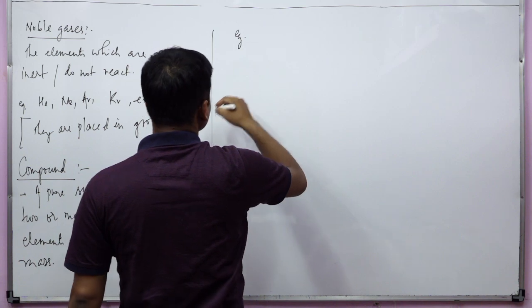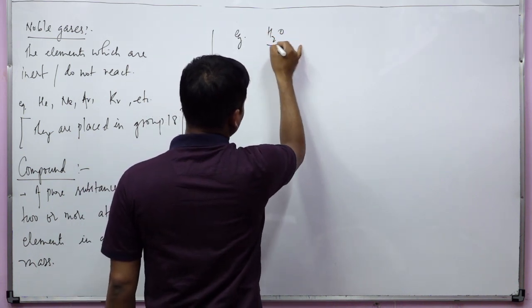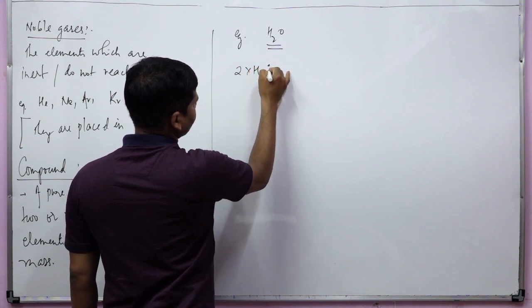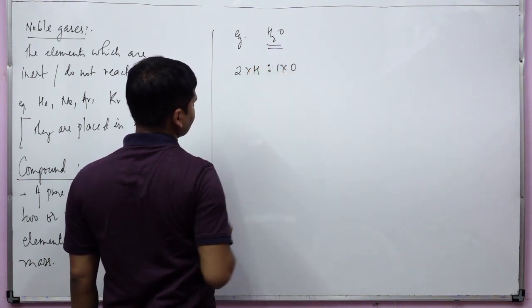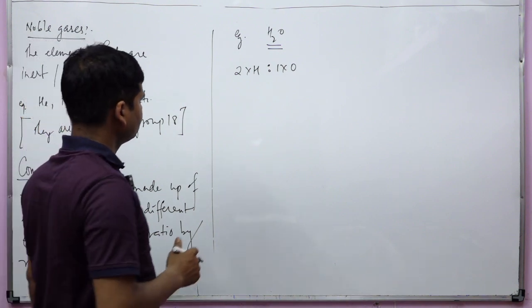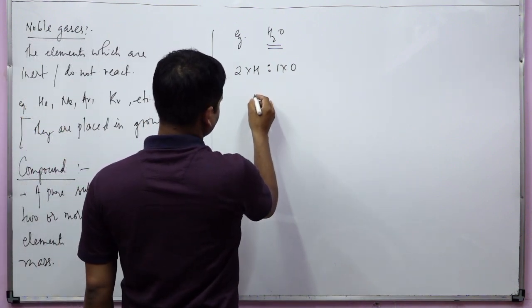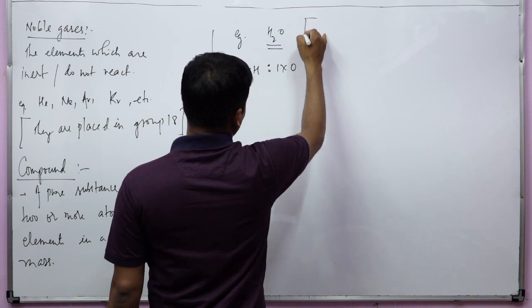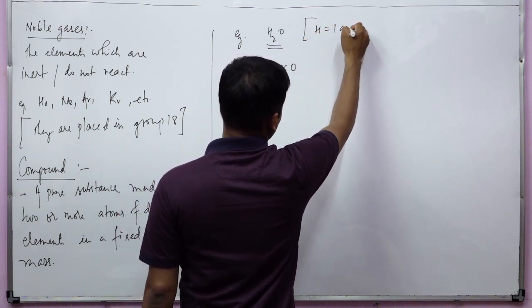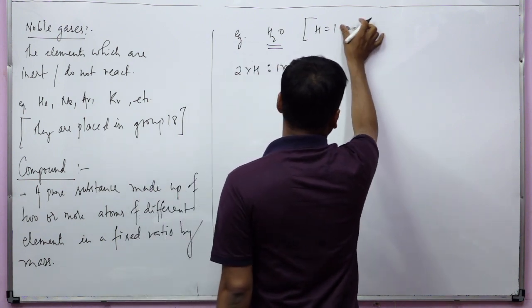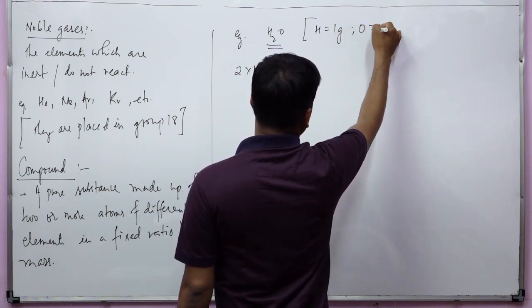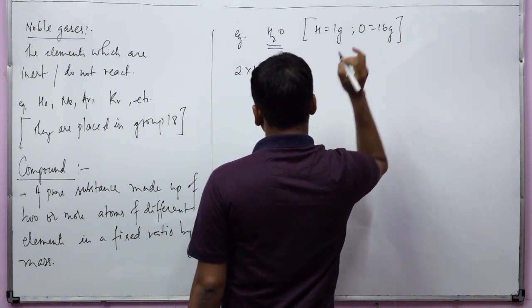For example, if you take the water molecule, H2O, that is 2 into H and O, we are trying to calculate a ratio in terms of the mass. Here we should know that hydrogen means 1 atomic mass unit, or in terms of gram, 1 gram, and oxygen is 16 gram.